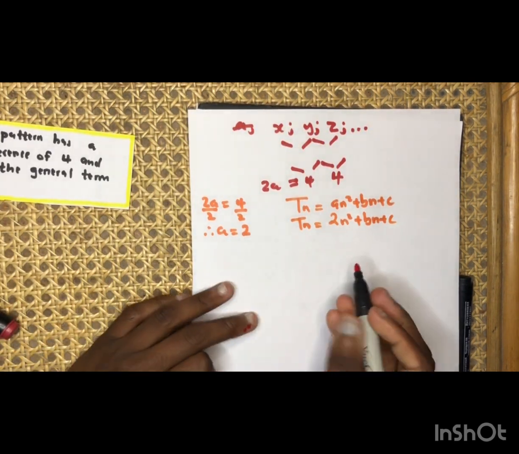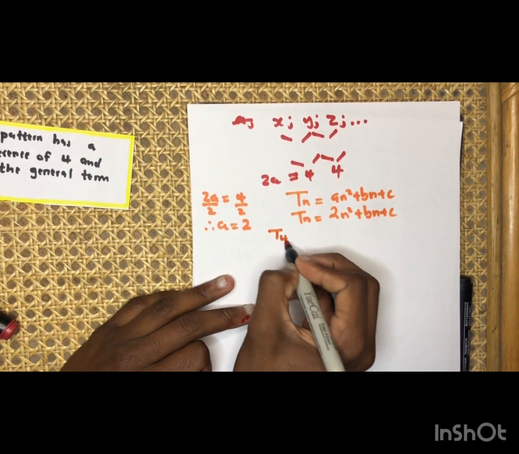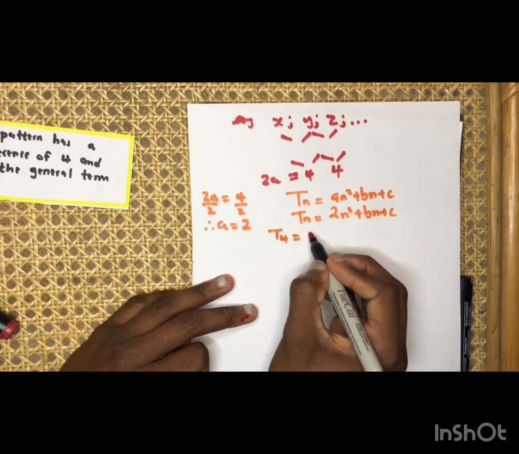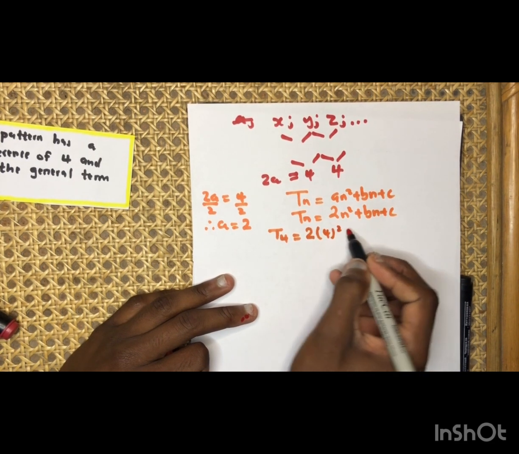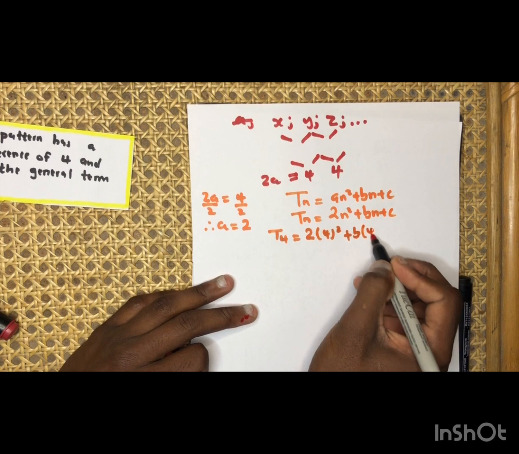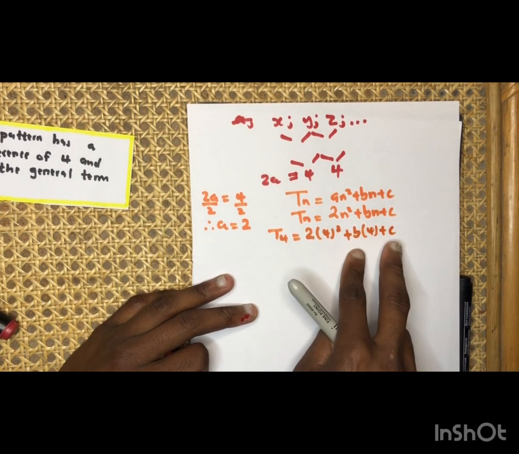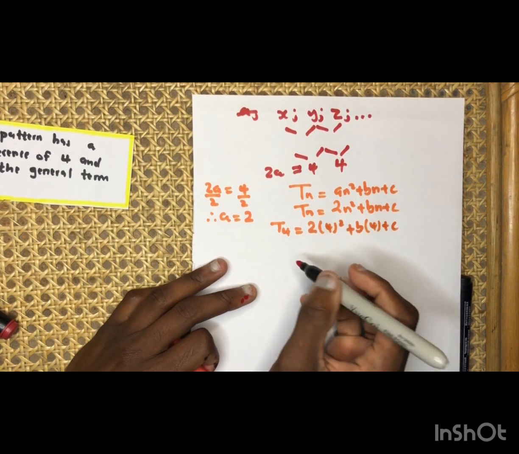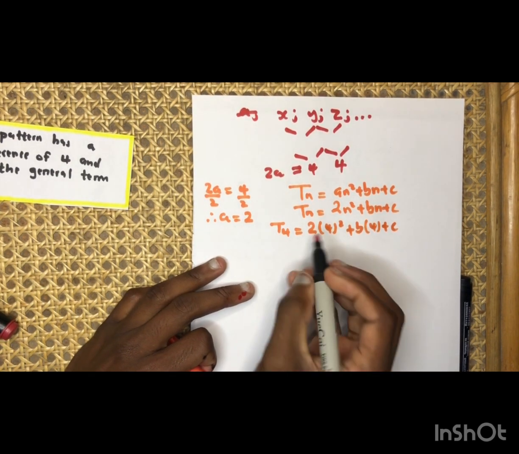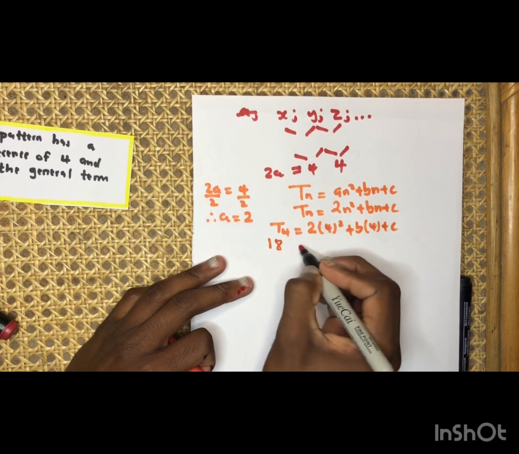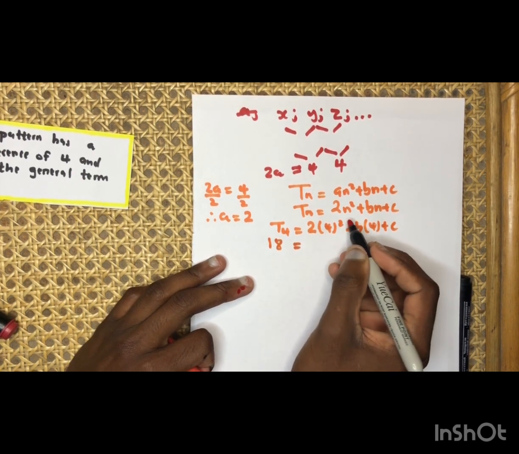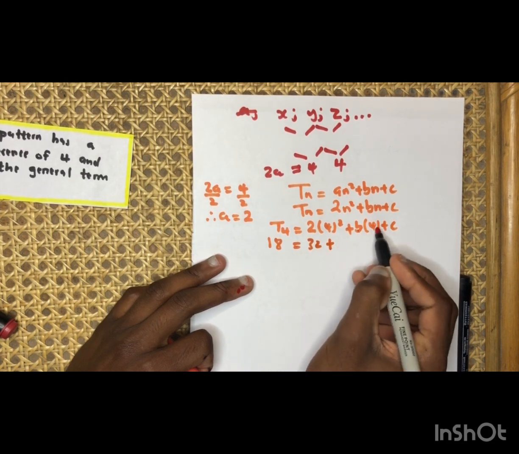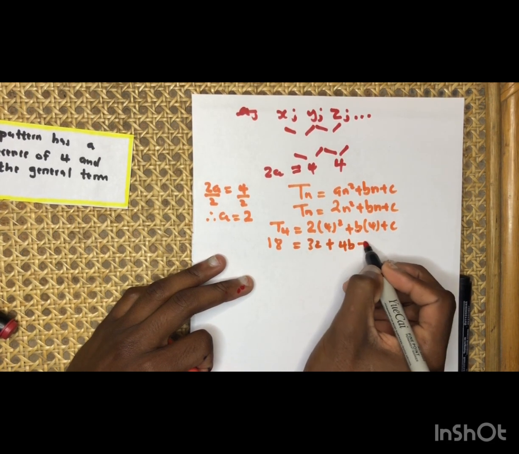So I'm going to start with T4. Can you see that in place of n I substituted 4? So this is 2 into 4 squared plus b into 4 plus c. But I have two unknowns. I see that I have to do my equation 1 and solve it simultaneously. So T4, guys, was equal to 18. So 4 squared, we get 16, times 2 we get 32, plus b times 4, that's 4b plus c.